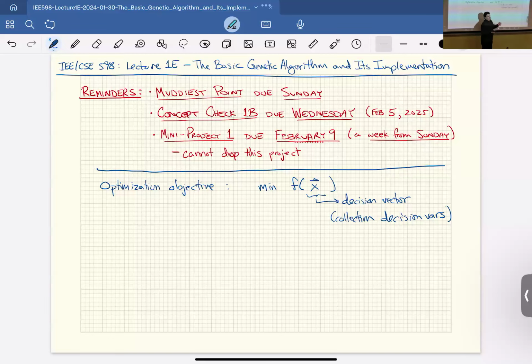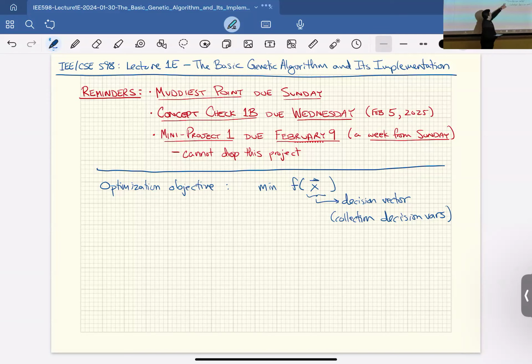Now, we will shortly get to how we handle multi-objective problems. But a multi-objective problem will be one in which someone has said, I want you to choose parameters to make this F, so the cost of this design, for example, as cheap as possible.